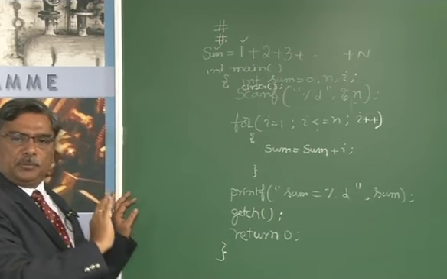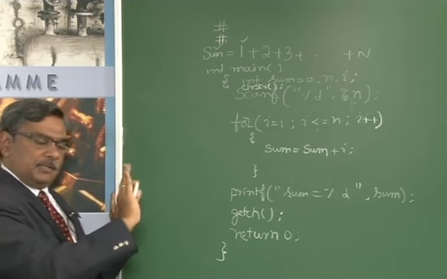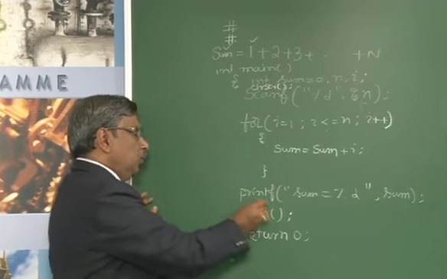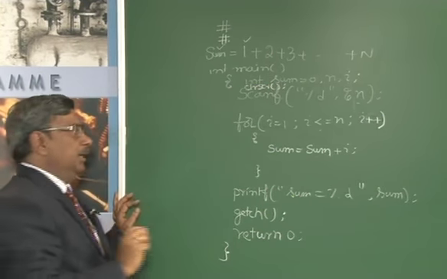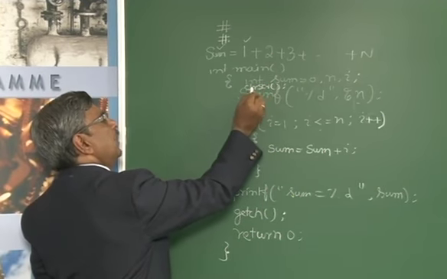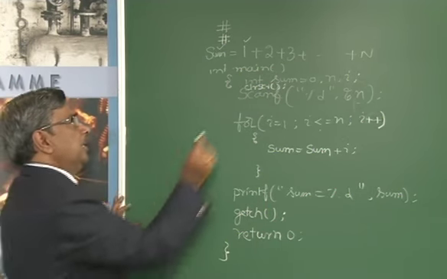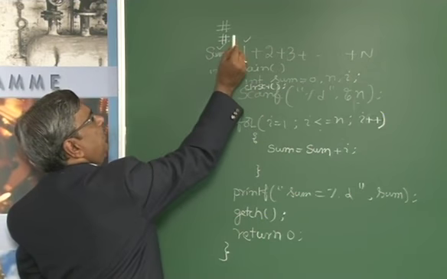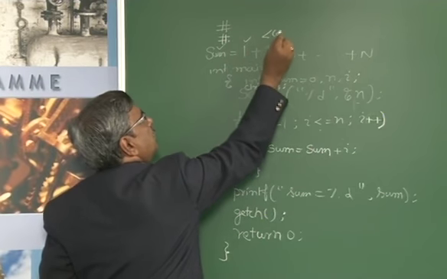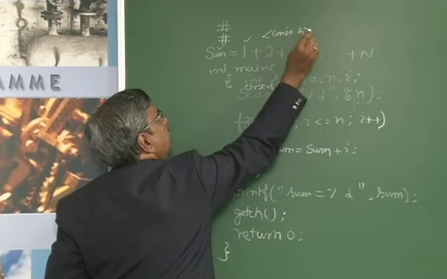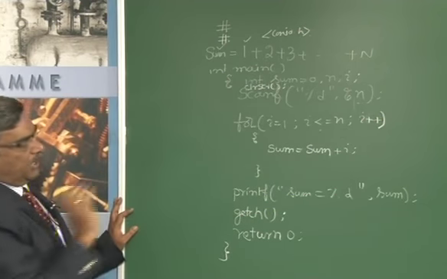If any output is present in your output screen, it will be washed out and the new program output will be seen. If you want to use this function, the corresponding prototype or header file should be available in your program. This prototype is present in conio.h, hence it will not give any error and will start executing.